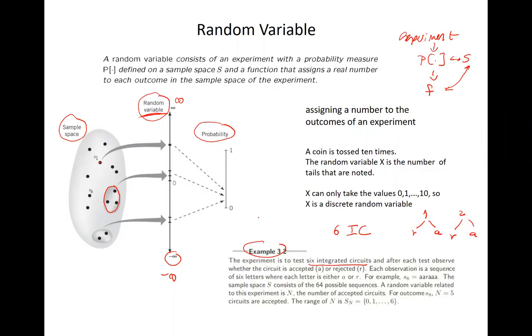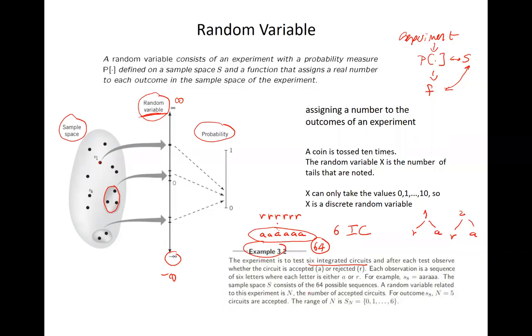Let's say rejected, rejected, rejected, rejected, rejected, rejected, goes to accepted, accepted, accepted, accepted, accepted, accepted. Okay, so any outcome of the experiment will be a combination of these letters. The sample space then consists of 64 outcomes, and we can define a random variable for this experiment.